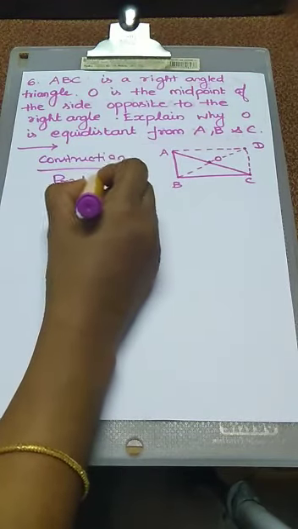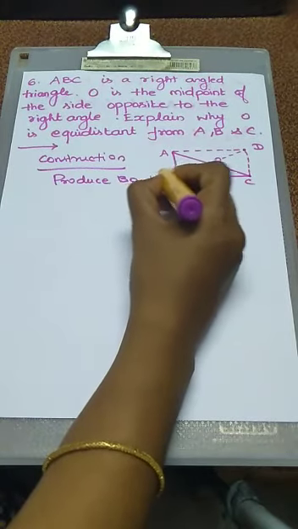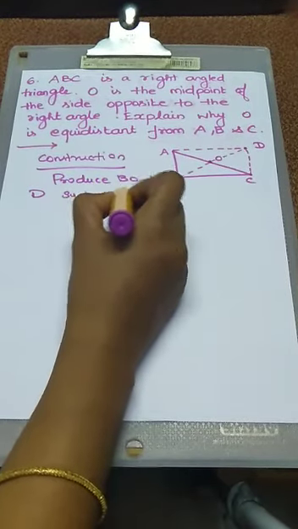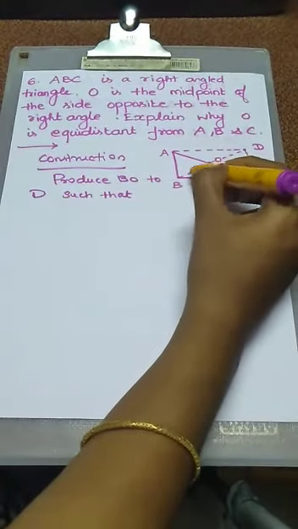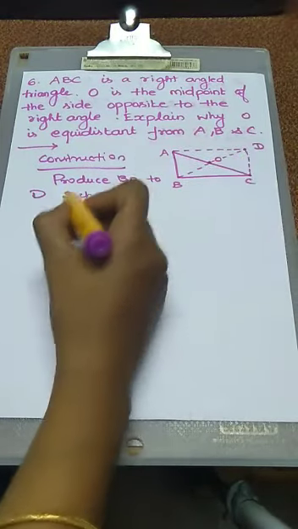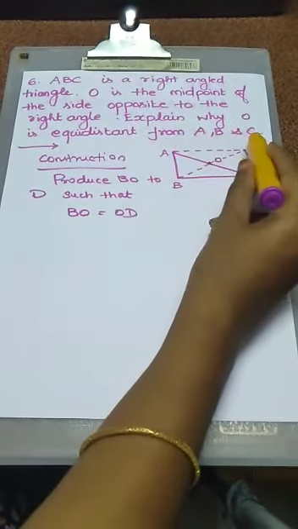Produce BO to D, such that BO length is equal to OD length. Okay, BO is equal to OD. Next we just join AD and CD.